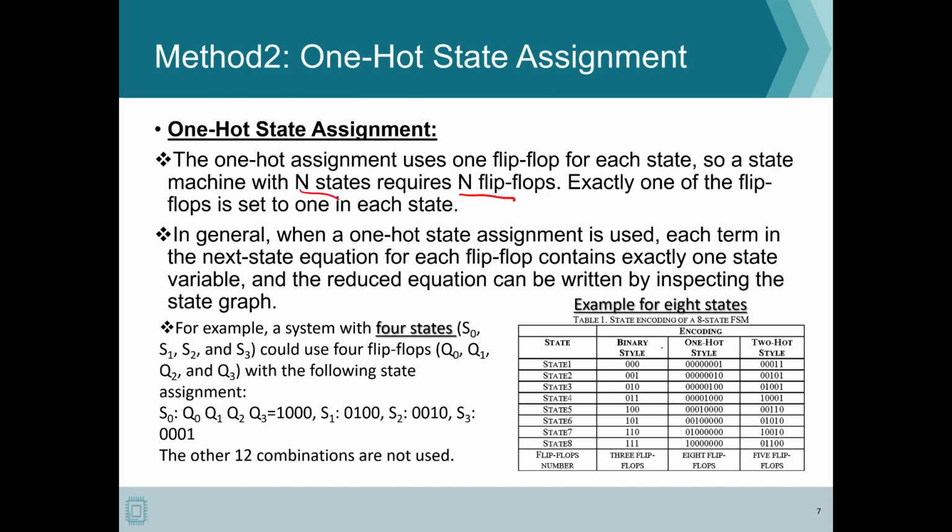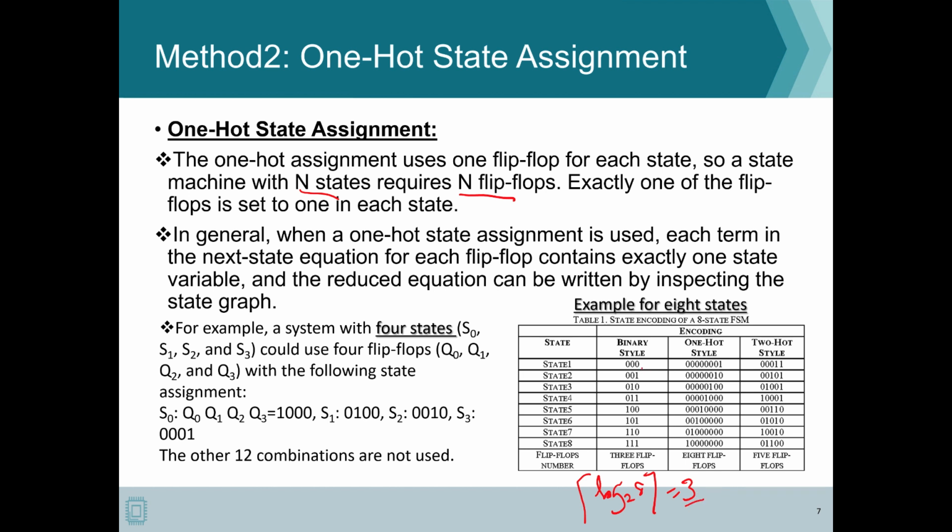Let's say, for example, in this case, as you can see, we have 8 states. In the case of our previous method, we are going to only assign binary values to it. So we will need the ceiling of log 8 to the base 2, which will be 3 flip-flops.